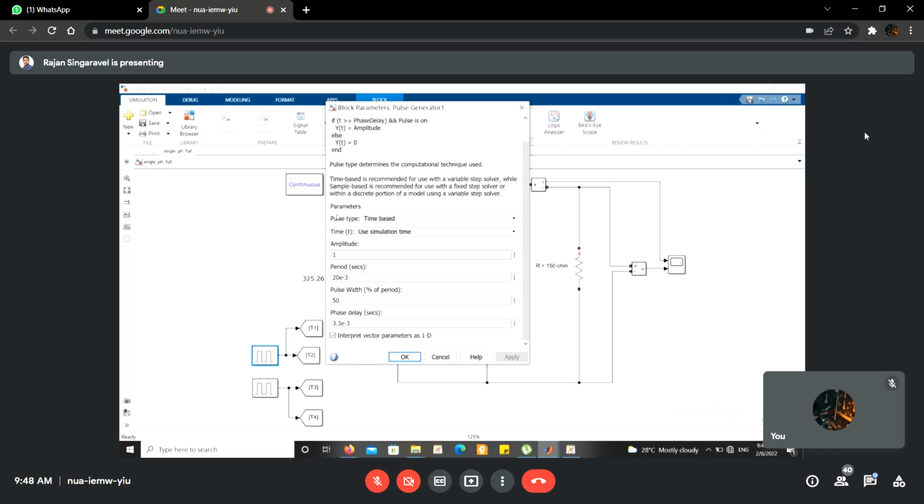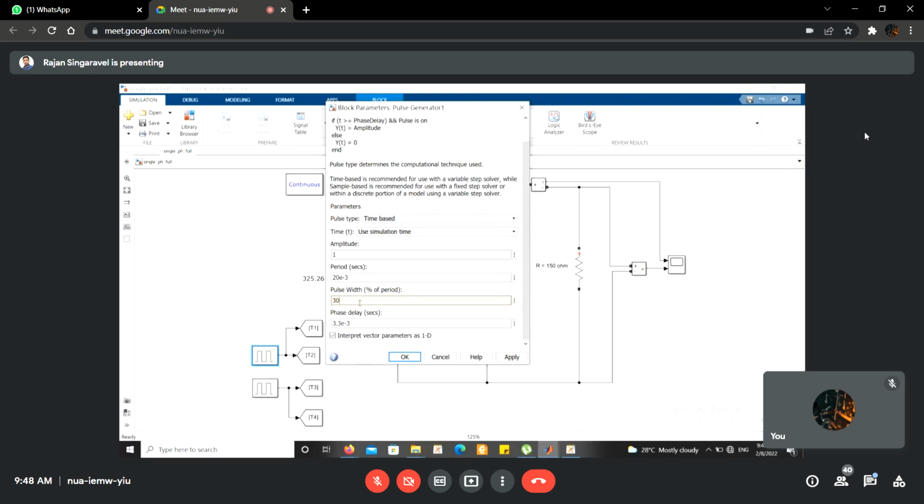So the amplitude of the pulse is taken as just 1 volt, and the total period, the period of the sine wave, is 20 e power minus 3, that is 20 milliseconds. But what should be the pulse width? It is 50% of the period, but it need not be 50%; it can be only 20% or 30%.